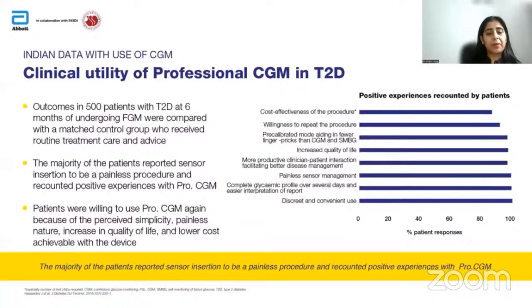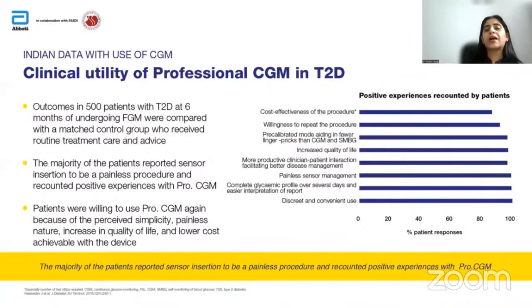So this is data by Dr. Jyoti Dev's group on the clinical utility of professional CGM in patients with type 2 diabetes. You can see here 500 patients with type 2 diabetes were evaluated at 6 months of undergoing the flash glucose monitoring, and they were compared with a matched control group who received routine treatment and care.